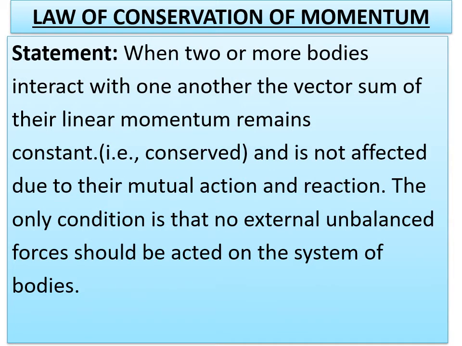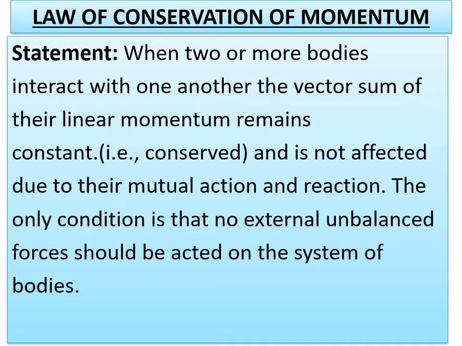Now, law of conservation of momentum. Now recollect what is momentum. Momentum is the product of mass and velocity and it is represented with P. Okay, now we have to know the statement of the law of conservation of momentum.